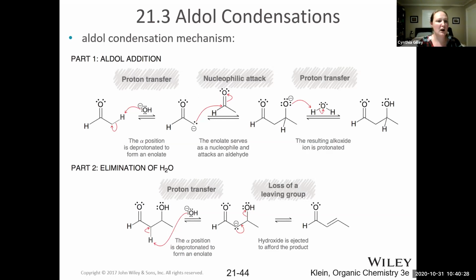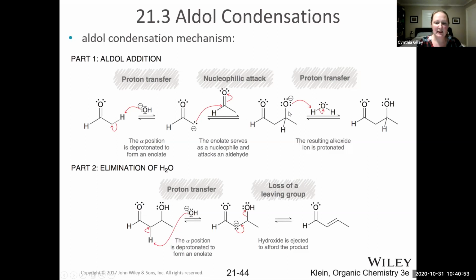Recall the mechanism of aldol addition. The first step is proton transfer, where the sodium hydroxide forms the enolate by deprotonating the alpha position of the aldehyde. The enolate then attacks another molecule of aldehyde that's still present in solution at equilibrium after the proton transfer.